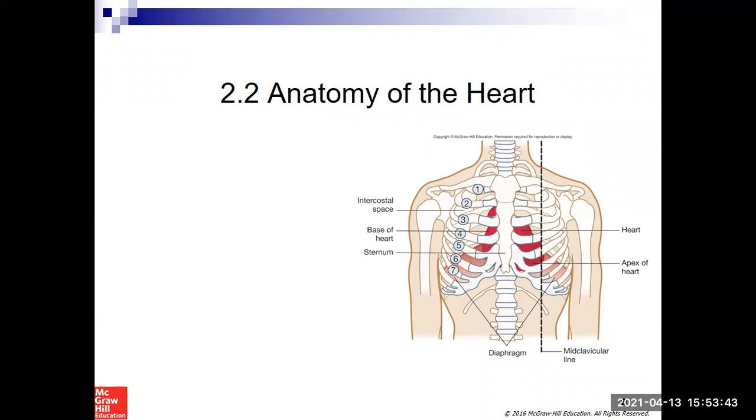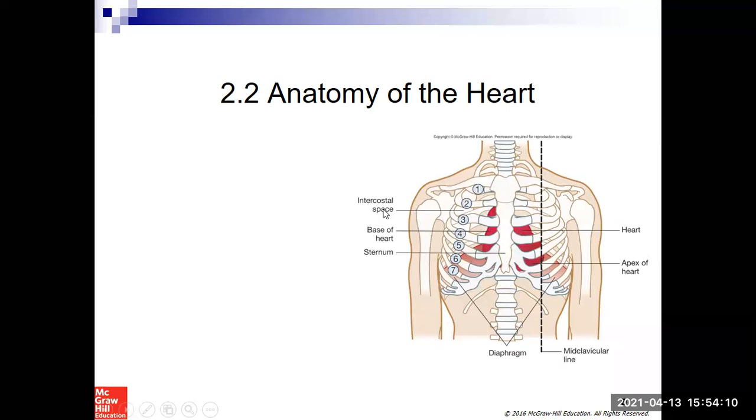We have the mid-clavicular line, which is midway of your clavicle bone, your collarbone here up at the top. So the midclavicular line is a line that passes through the middle of the clavicle.